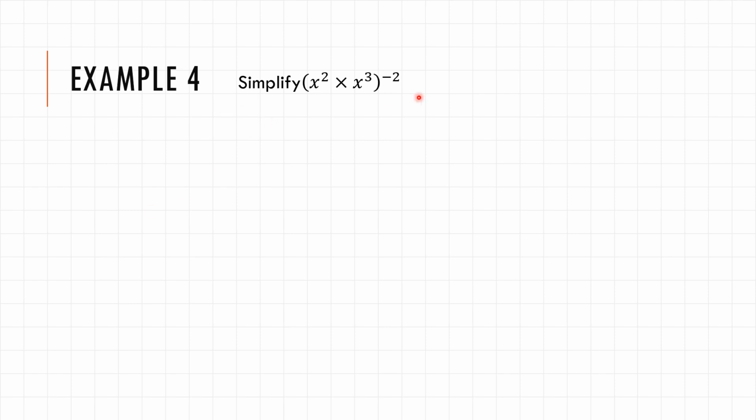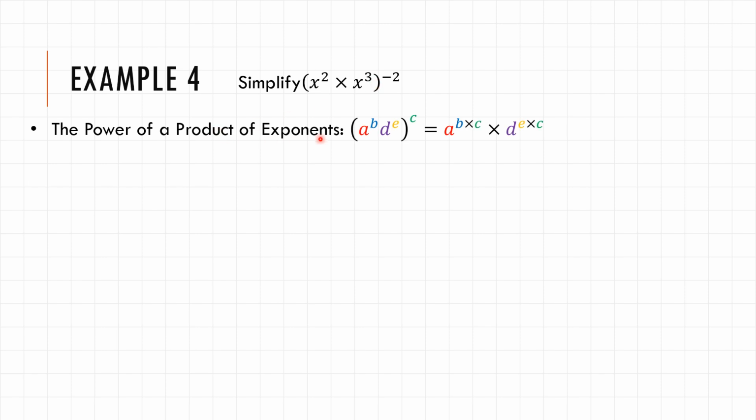The other strategy I'll use is instead of combining these first, I can use the power of a product rule, where I take this outer exponent and multiply it first by 2. So 2 times negative 2. And then I can multiply this by 3, so x to the power of 3 times negative 2.